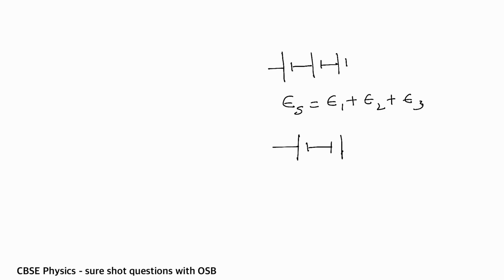Here cells are opposing each other, positive to positive, negative to negative. Then what is Es? Assuming E1 is greater than E2, E1 minus E2 will be E series or E net. Clear? That is very important for doing the question.